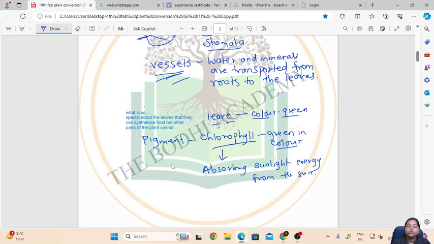The function of the chlorophyll is to absorb the sunlight energy from the sun, which is very necessary in synthesizing the food in the plants.